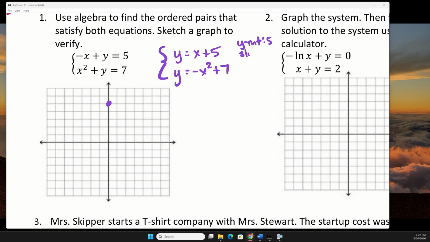All right, and then what's the slope? 1. So for a slope of 1, it's 1 over 1, so we go up 1, right 1, up 1, right 1. Now we really want to get as many perfect points as possible if we're going to solve by graphing. So instead of going up right, we can also go down left. So down 1, left 1. I'm just going to do that all the way to the edge of the graph.